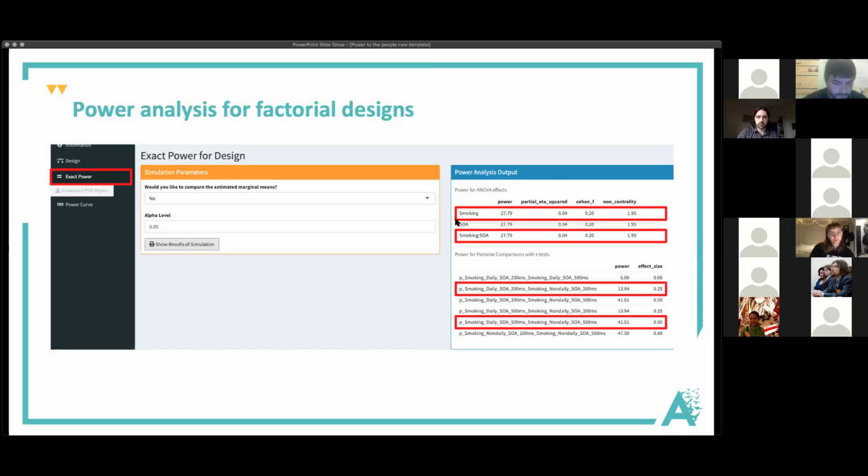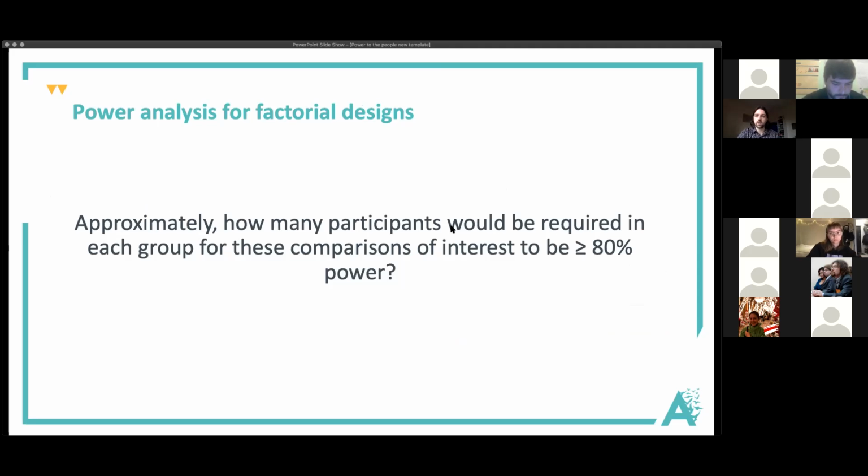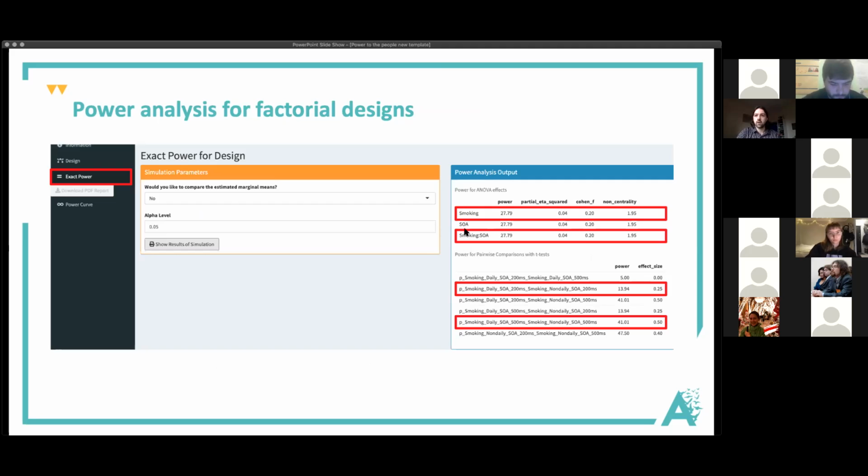So we get the power for the main effects in your ANOVA: main effect of smoking, main effect of presentation time, and the interaction. Purely by coincidence, the power is the same for each of them, and we can see that's about 28%.